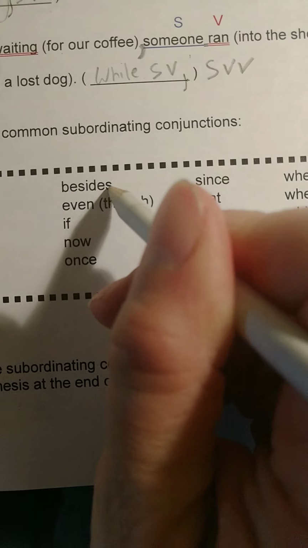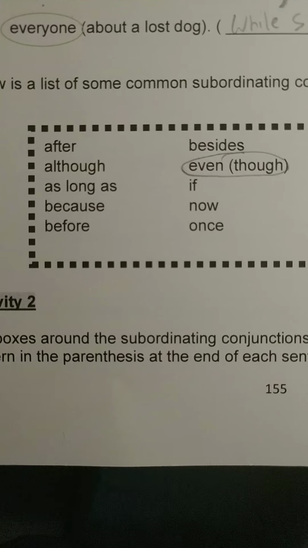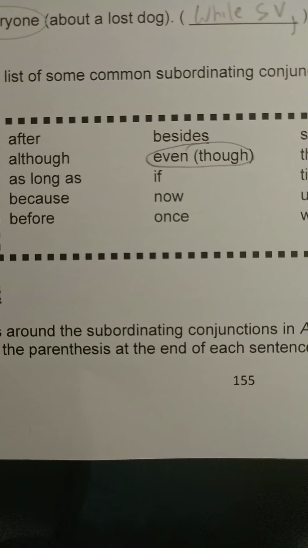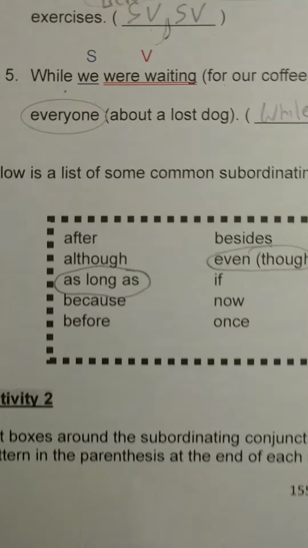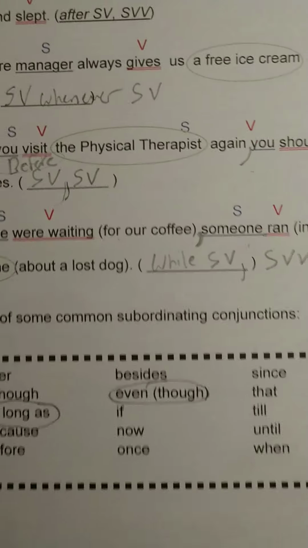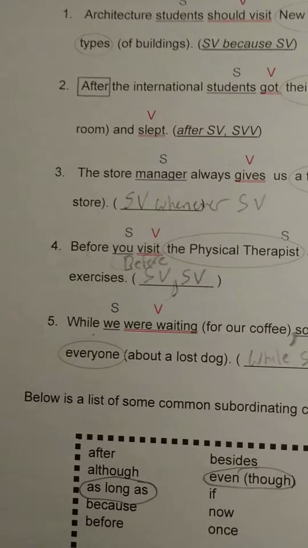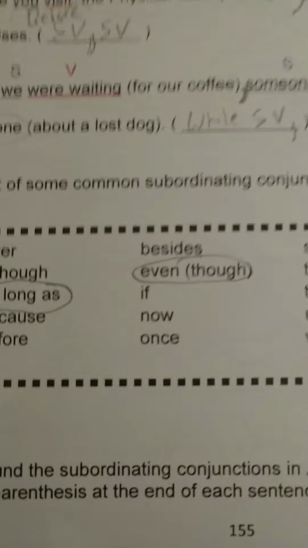So maybe this one, for example, even though, or I don't know, as long as. Then ask me in the lecture today how to use these. Now, I'm going to give you one more example, and we'll use the word even though.